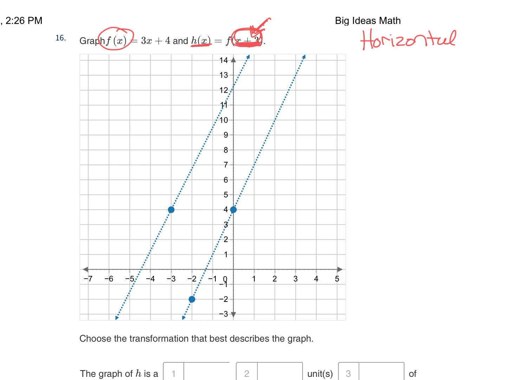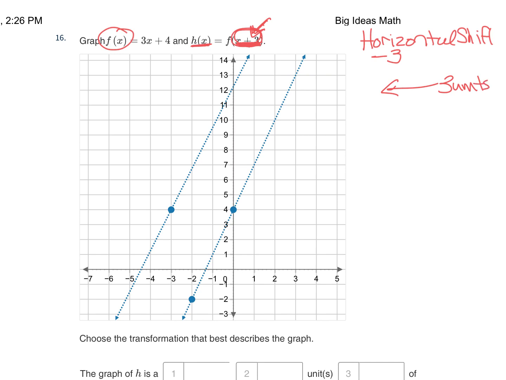Any plus or minus is going to be a horizontal shift to the left or right. So if it's +3 here, when I take it out, it's going to be the opposite, -3. So we're going to have a horizontal shift to the left 3 units.